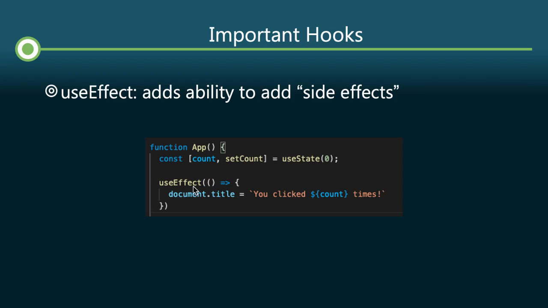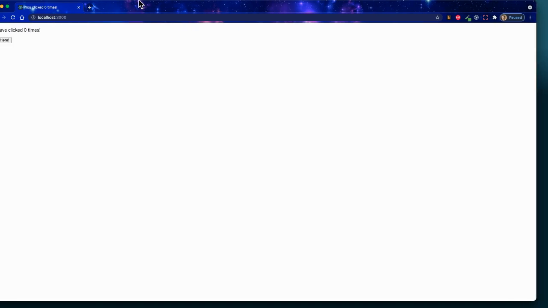So here we have the useEffect hook, and document.title, which is the title of the web page, will be set to you clicked count times. Anytime any change is made to the component, useEffect will be run.